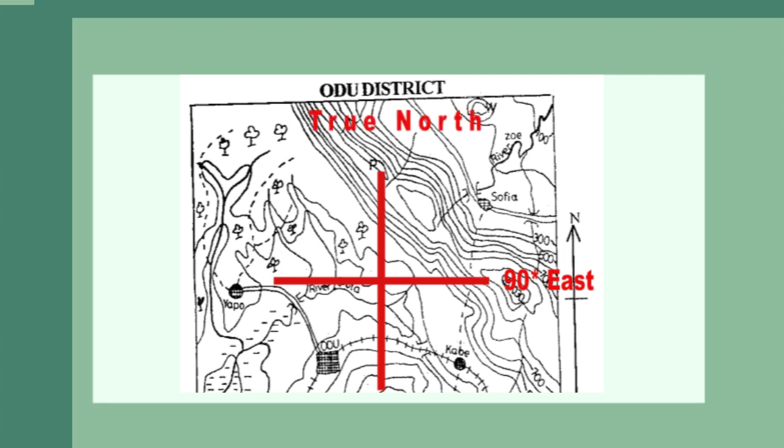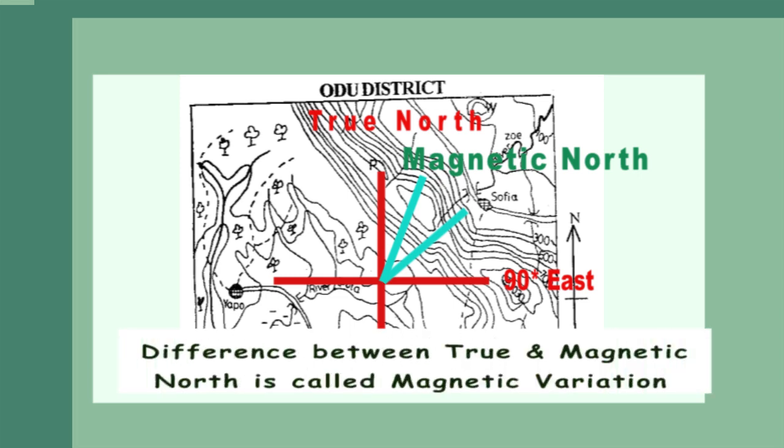So to get your magnetic north, you bisect the 0 and 90 to get 45. Having done that, you bisect the 45 degrees with 22.5 degrees to now have your magnetic north. The difference between the two is called the magnetic variation.